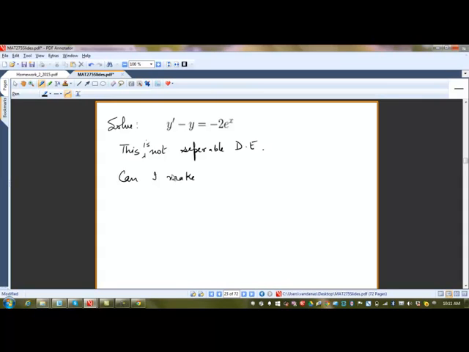Multiply by the y coefficient. Right, that's the idea. I really want to combine these left hand side two terms into some different function which will make this differential equation separable. So can I make it separable? And the answer is yes.